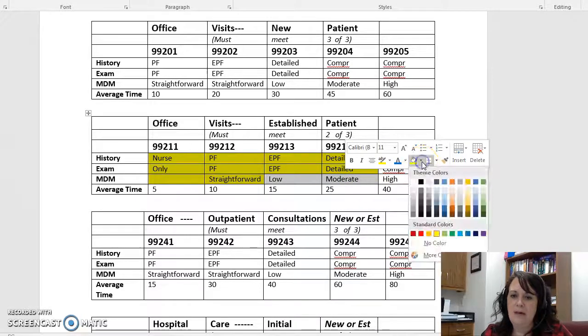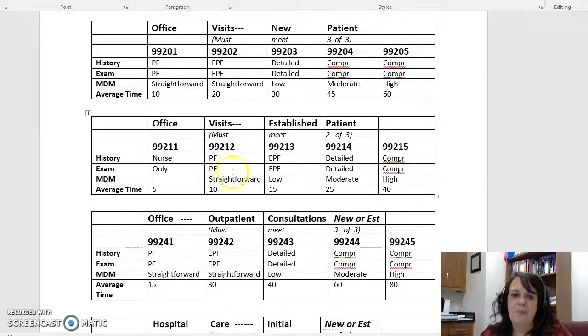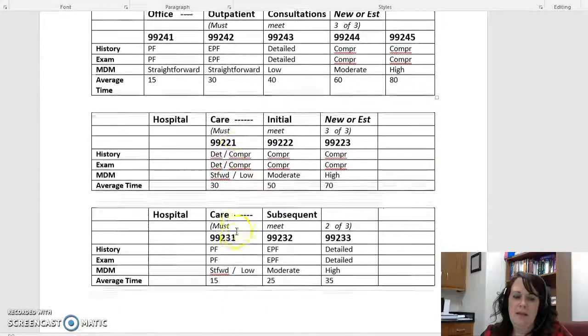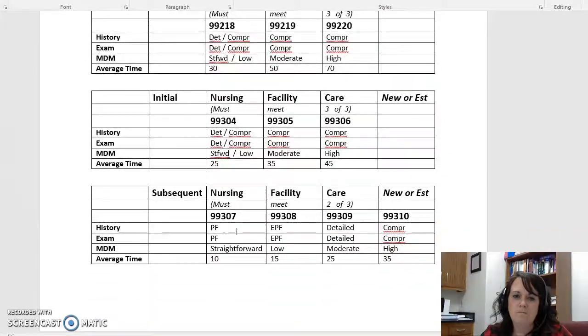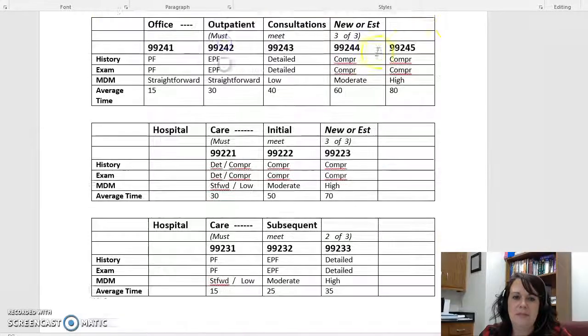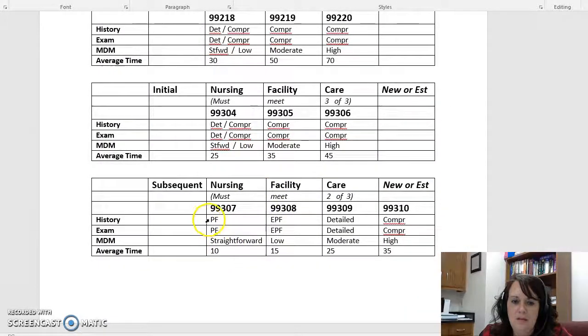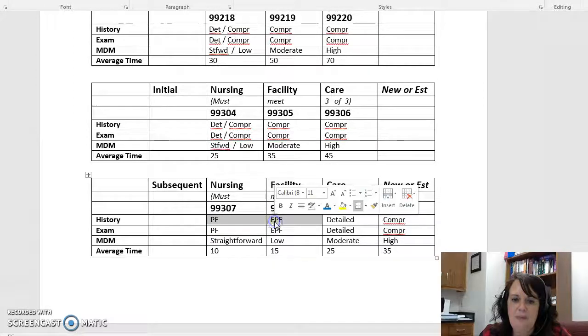Now, if I said that there was no fill and no color, if my doctor was doing a rounds visit at the nursing home, okay, and on a resident, Dr. Thompson, who is a he, did an expanded problem-focused history, okay, history part.